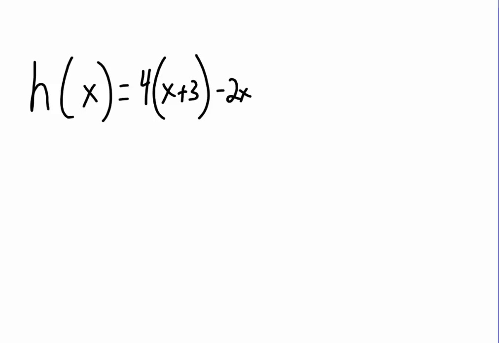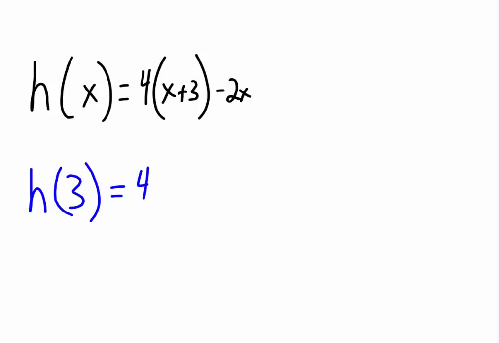Now, this is just like any other. Even though you're looking up there going, ooh, there's an x there, there's an x there, and wow, don't know what to do now. Well, okay, so we come over here and we say, all right, I want to know what h of 3 is. Now, again, that means that we're putting a 3 into the function h, Harry. And so anywhere that you see an x, put a 3 in there instead.